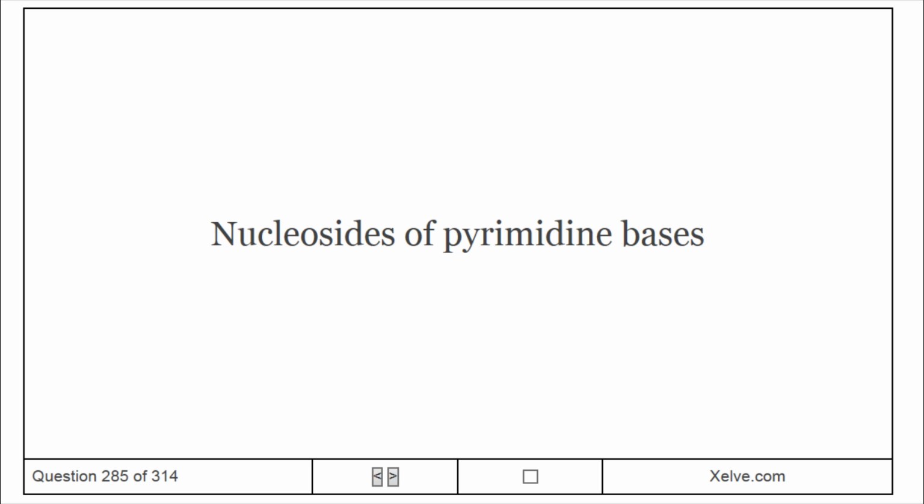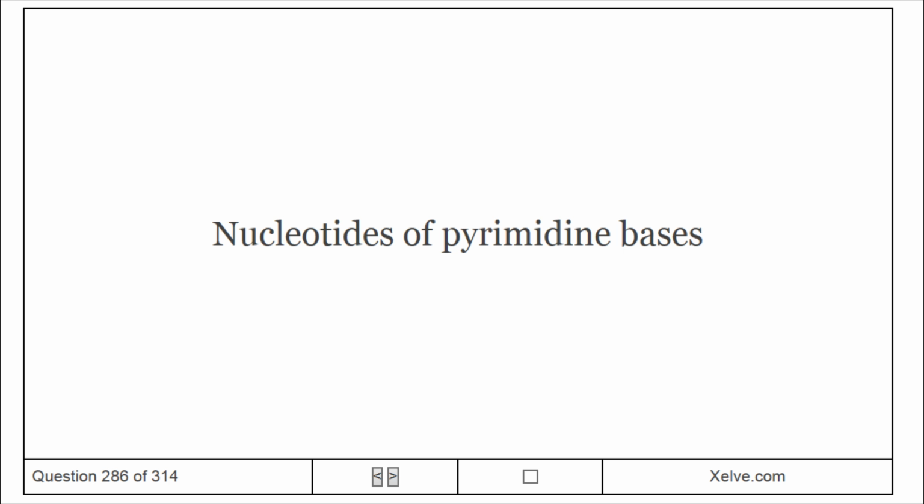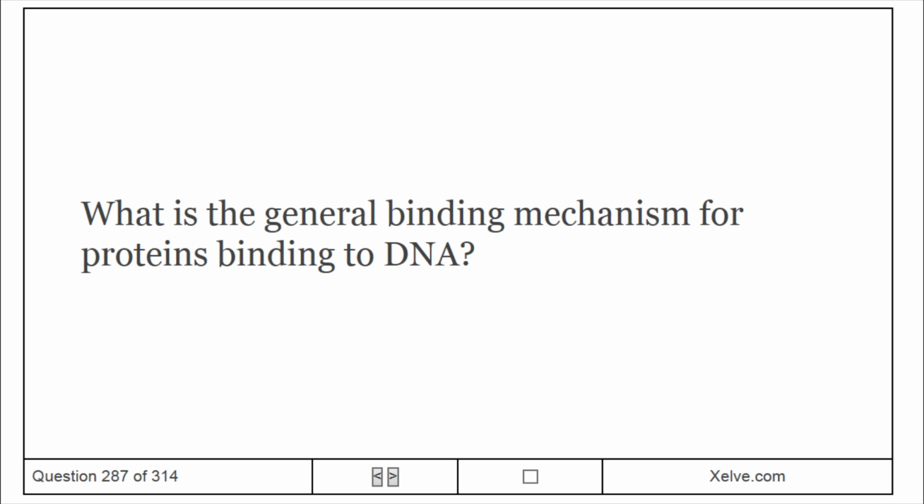Nucleosides of pyrimidine bases: cytidine, thymidine, uridine. Nucleotides of pyrimidine bases: cytidylate, thymidylate, uridylate. What is the general binding mechanism for proteins binding to DNA?